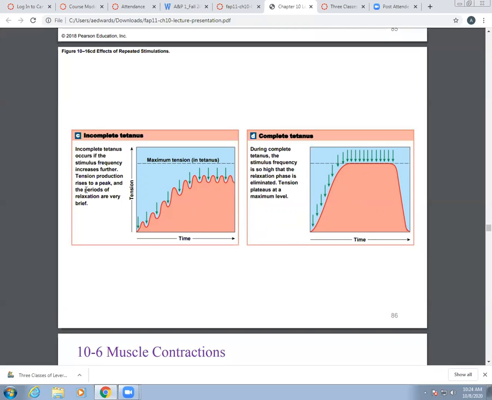So tension rises to a peak and the periods of relaxation are very brief. But in complete tetanus, your stimulus frequency is so high, your relaxation phase is eliminated, and tension plateaus. Like in social studies, you might have heard about plateaus. So you get more of a flat line.